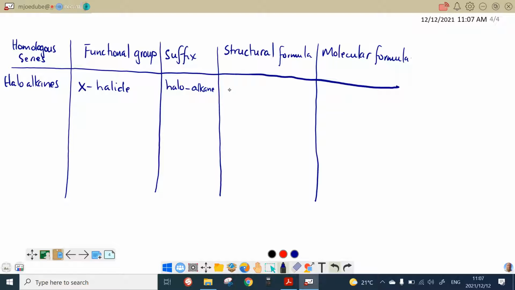So if you've got the structural formula, you would have your carbon group, and then from there you would have your X compound, and then from there you would be able to name the substance as it is. So if it's chlorine, that would be your chloroethane.